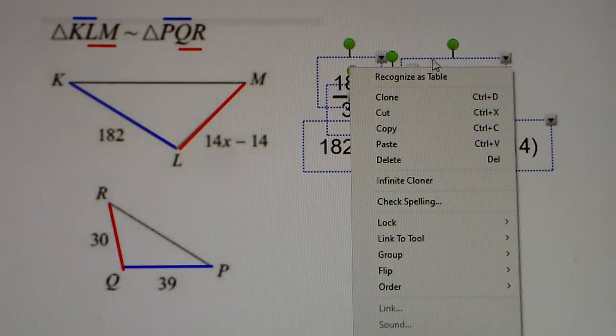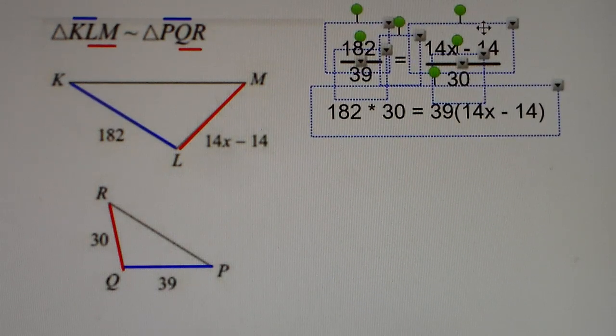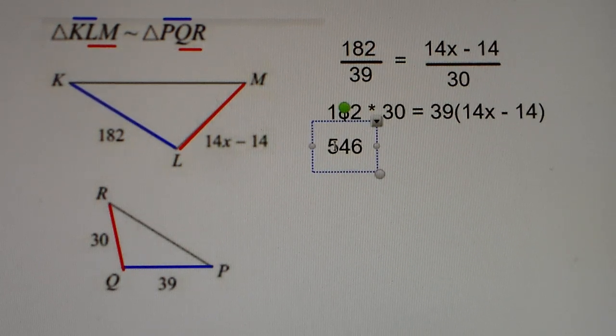Slide this all up a little bit. Then we got to distribute. So 182 times 30 is 5460.